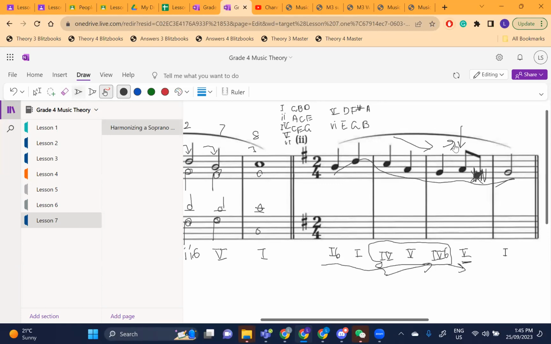Writing out a chart like this would probably help a lot.